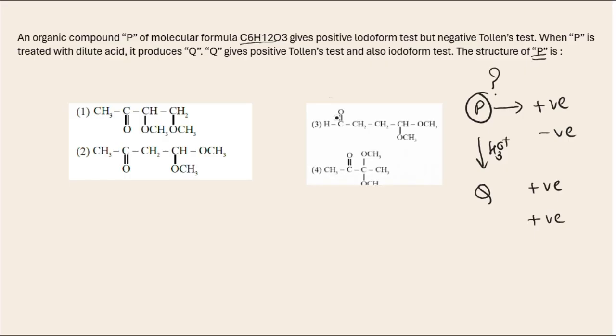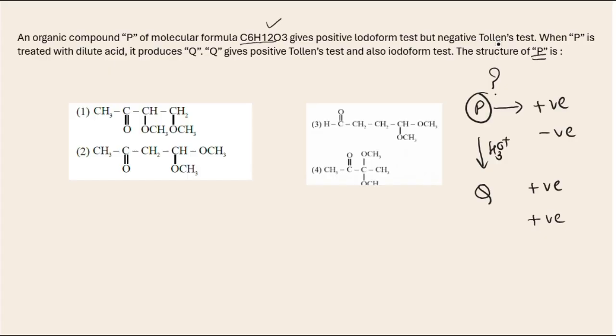Before you jump into writing the different structures of C6H12O3 and checking for the Tollens and iodoform tests, what I recommend is that you remind yourself what exactly the iodoform test and Tollens test are. The Tollens test is used to distinguish aldehydes and ketones.